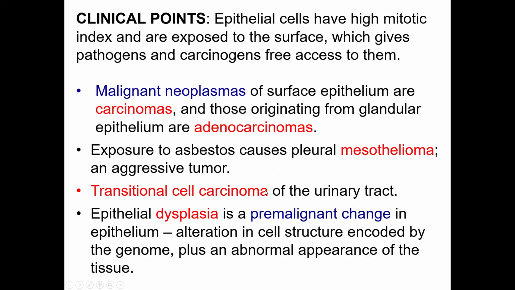The transitional cell carcinoma is typical of the urinary tract and originates in the transitional epithelium. And epithelial dysplasia is a premalignant change in epithelium, an alteration in the cell structure encoded by the genome plus an abnormal appearance of the tissue.